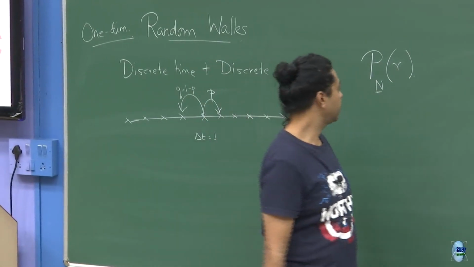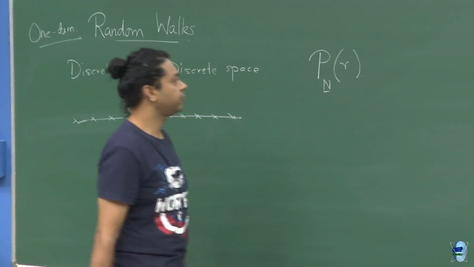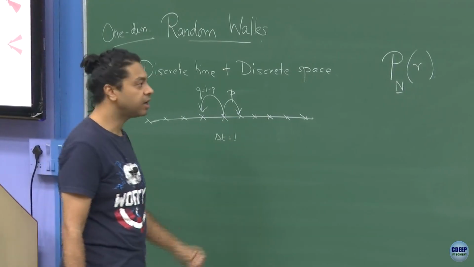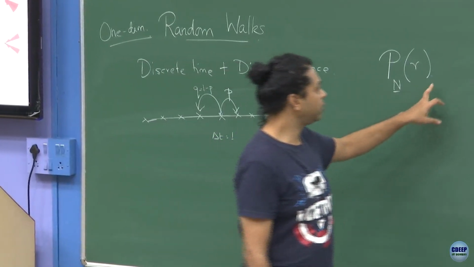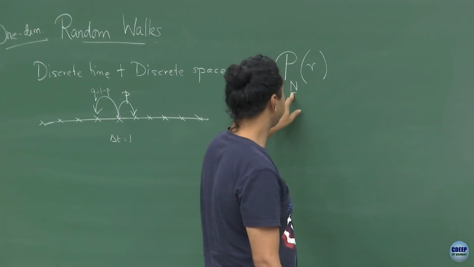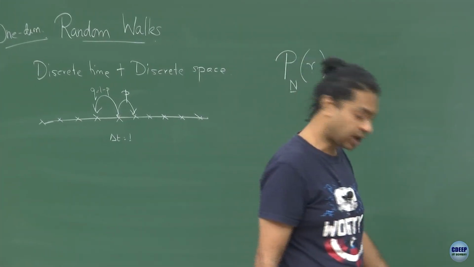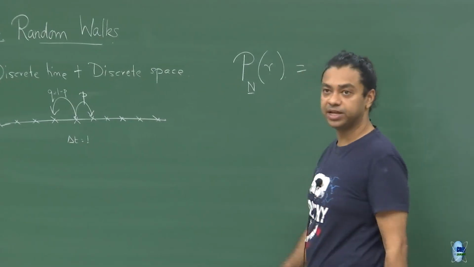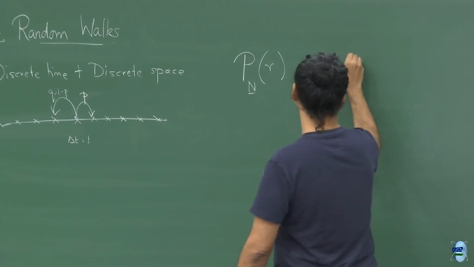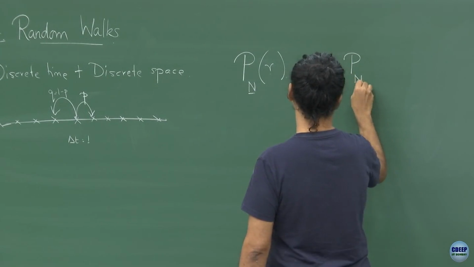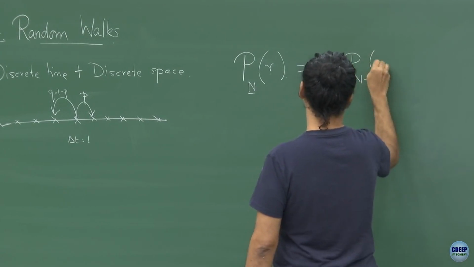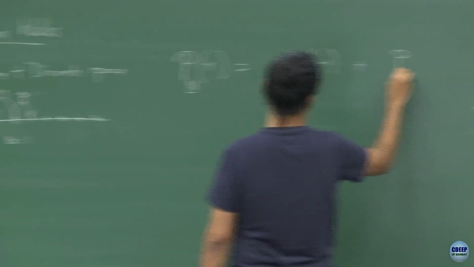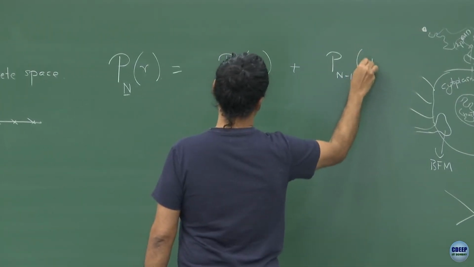And I can write a sort of recurrence relation for this P_n of r by asking where it could have come from at the nth step. If my random walker is at r, then it could have come from 2 positions at the n minus 1th step, which are r minus 1 and r plus 1.